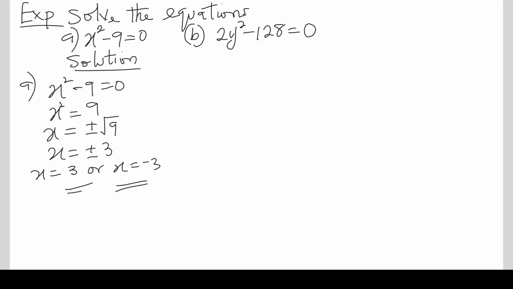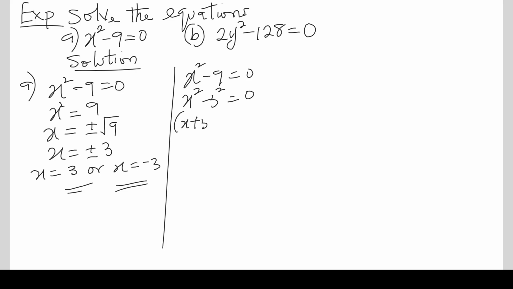Using the difference of two squares format, we know that x squared minus 9 equal to 0 can be written as x squared minus 3 squared equal to 0. And of course, you know that x squared minus 3 squared is written as (x + 3)(x - 3) = 0.